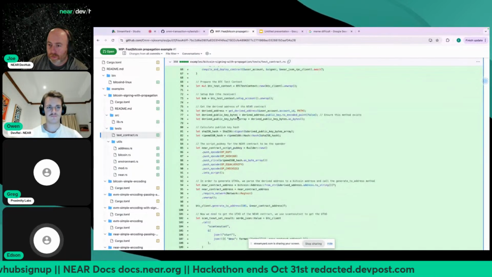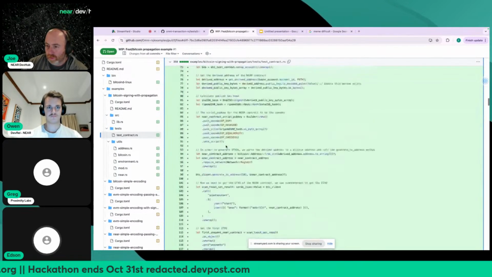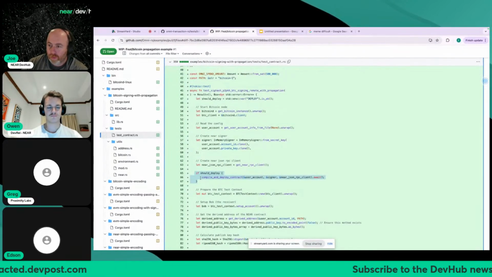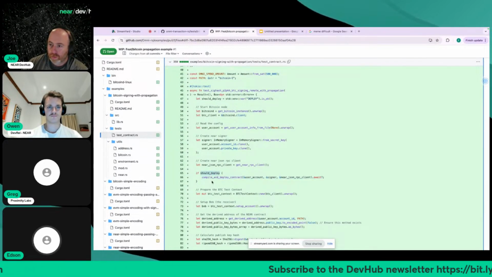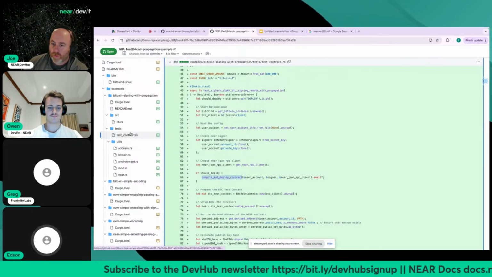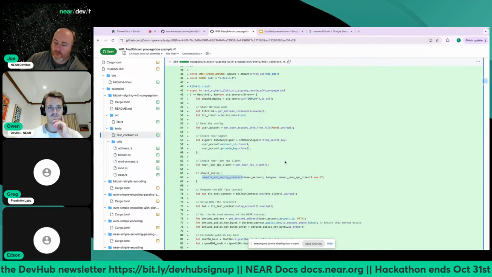Then I deploy. You can see that if I say deploy, I'm compiling this contract, deploying to a testnet, and signing in the testnet.